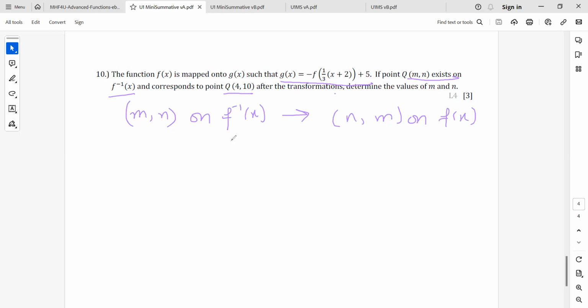So if we have a point n, it's 1 by 3, so it will go through the transformation of multiply by 3, which is 3n. So we will get 3n minus 2. And the new point is (4, 10). So it would be equal to 4.